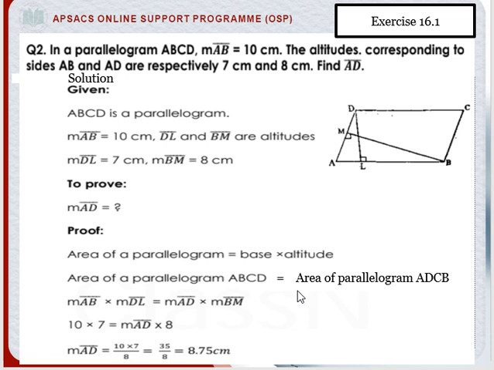On the other side, the area of parallelogram ADCB. In parallelogram ADCB, the base is measurement AD and the altitude of this parallelogram is BM.